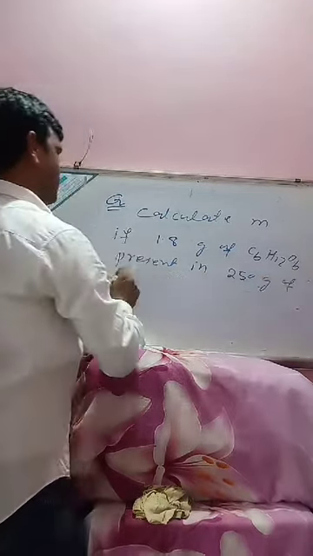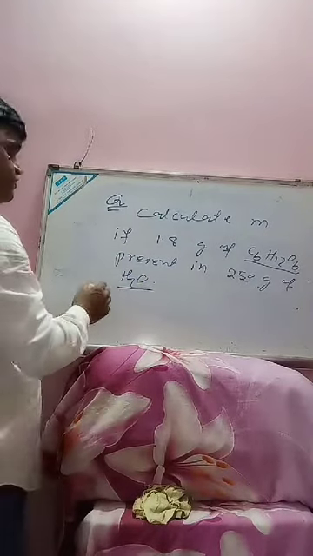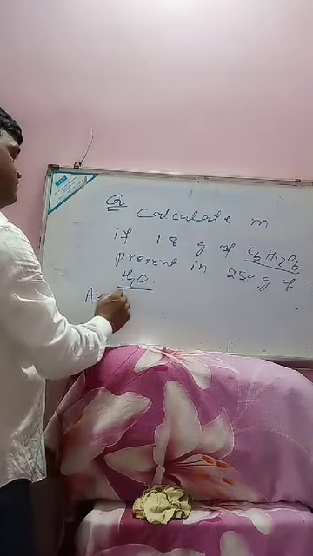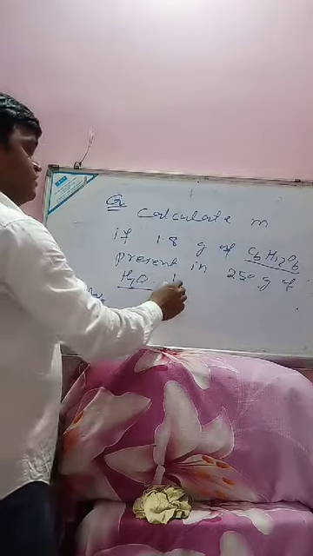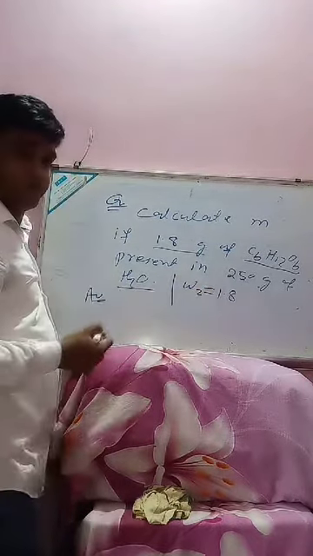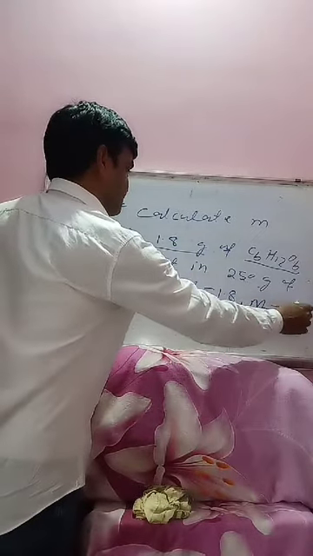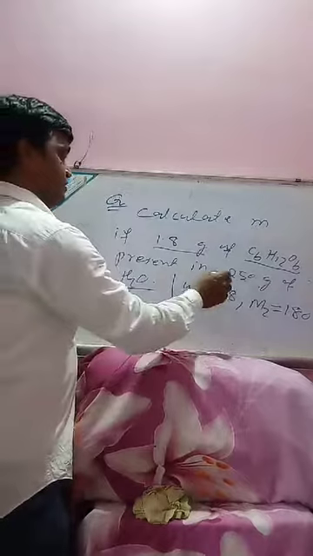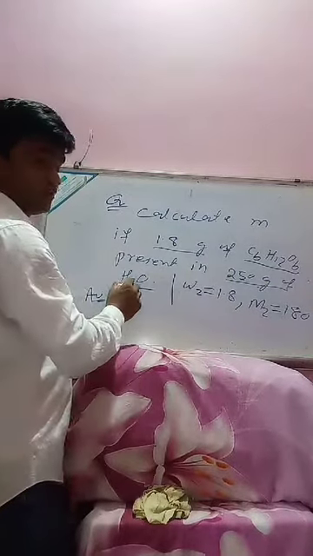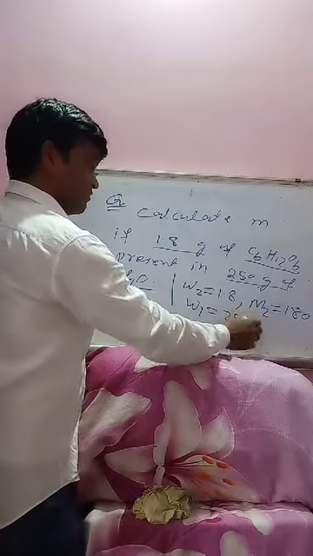Okay, so glucose is the solute, water is the solvent. So what is the data given? Weight of solute is given as 1.8. For glucose, molecular mass you know is 180. And 250 gram of water, water is the solvent, W1 is given as 250 gram in gram unit.